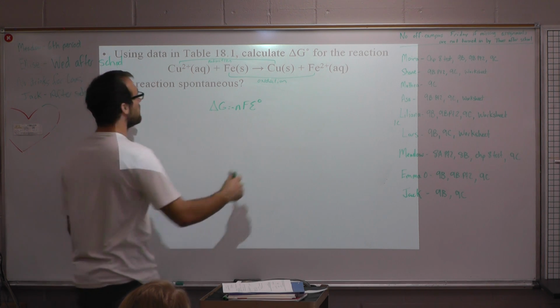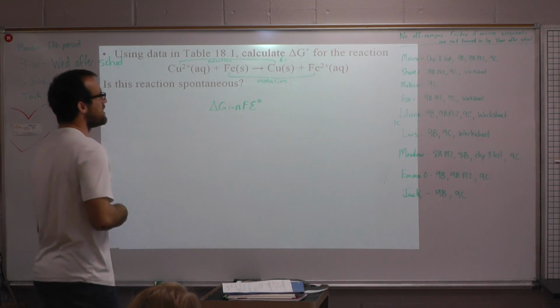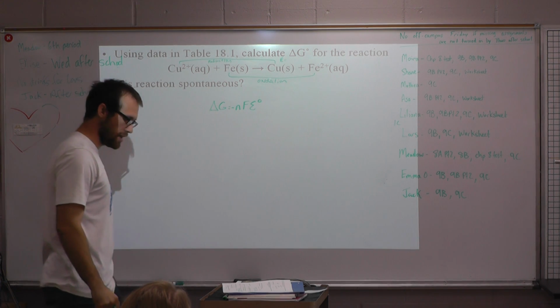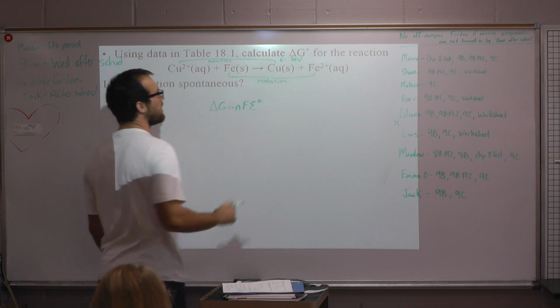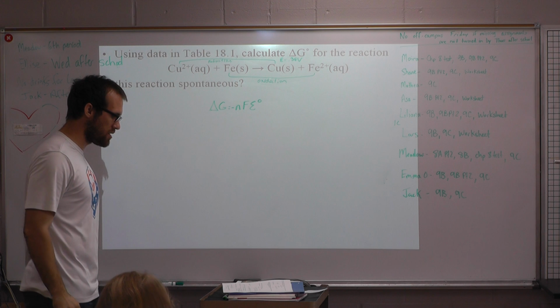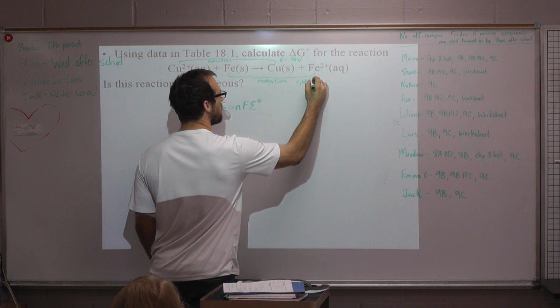In that table, your half reaction potential for copper is 0.34. And your potential for your other one is negative 0.44.